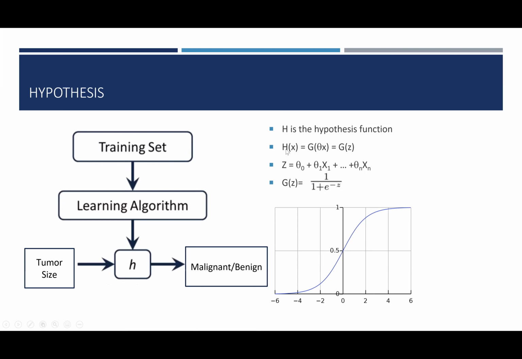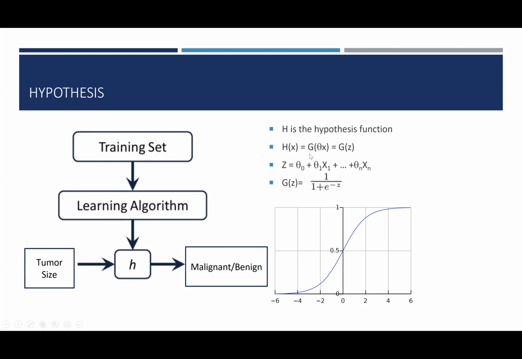As said before, h is the hypothesis function. In this case, as opposed to h being equal to a linear function, like I mentioned in my previous seminar about linear regression, h is a nonlinear function, and the way that happens is by passing it through this function called g, which is a sigmoid function, as you see below.